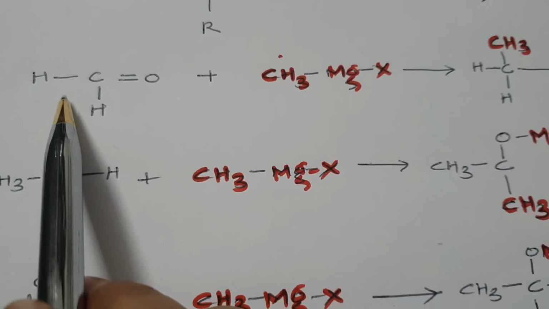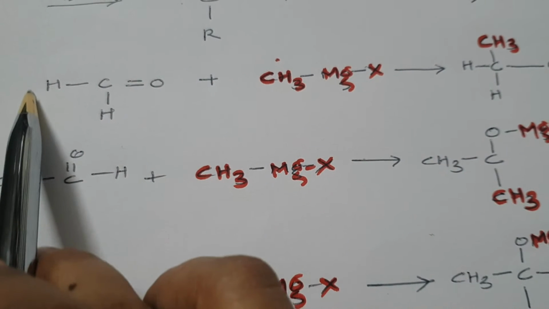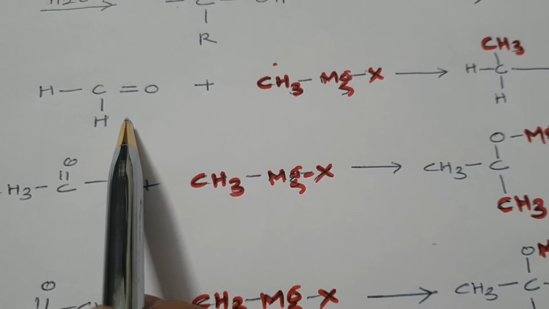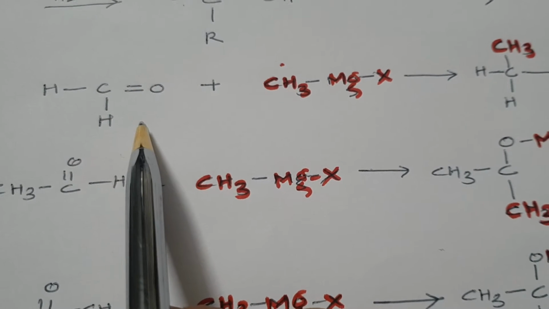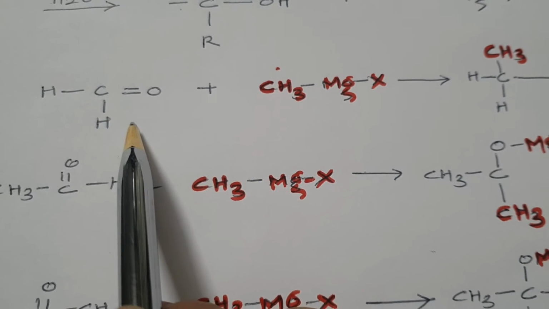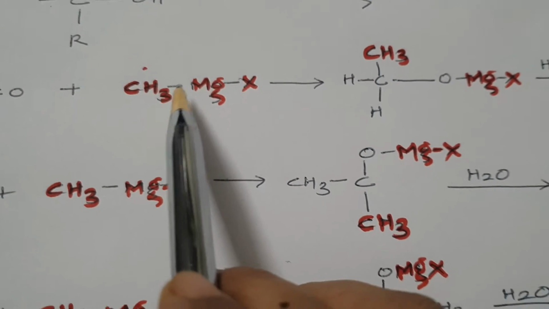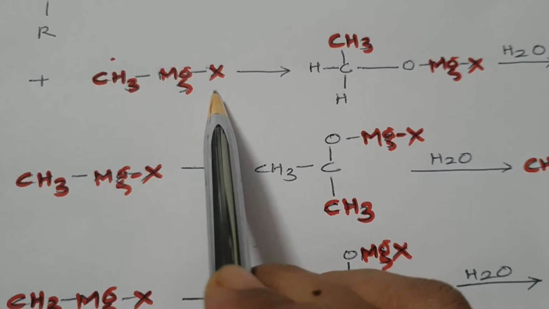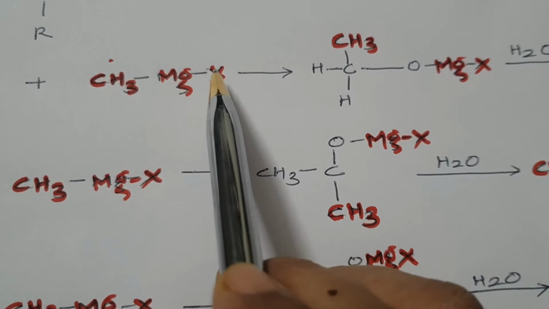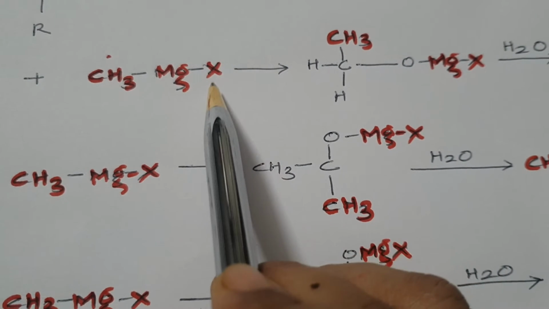The first example that we have is of methanal. What we are having over here is the simplest of the aldehydes with one carbon atom, and that is methanal. Methanal undergoes a reaction with methyl magnesium halide. Most of the time the halide used is bromide. Here we have used a generalized example.